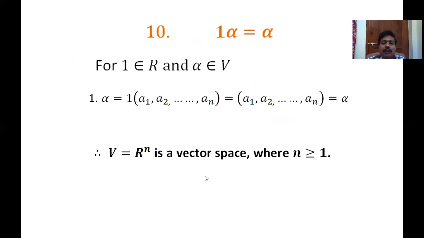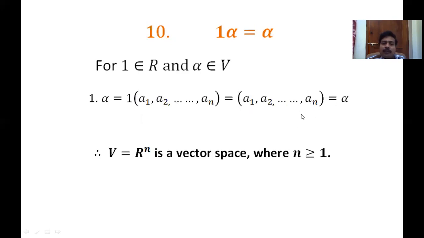Now finally the last one. 1 alpha is equal to alpha. Here 1 is a real number and alpha is a vector in V. So 1 alpha is equal to 1 times (a1, a2, and so on). After multiplying 1 with all the components, we get the same a1, a2, and so on. This is nothing but alpha.